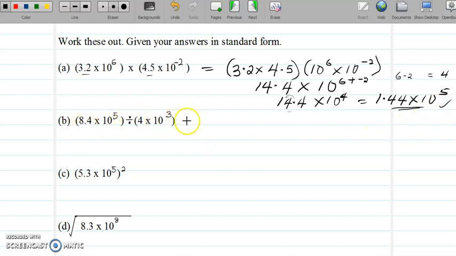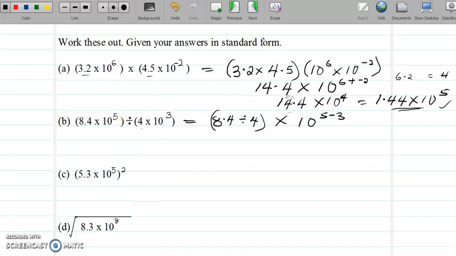Now in the B part also, since I'm having division, what I have to do is divide this. I'll have 8.4 divided by 4, then times 10 raised to power 5 minus 3, minus because it is division.